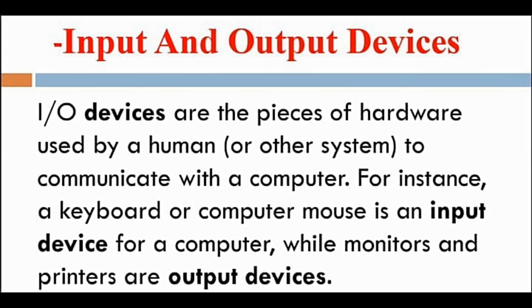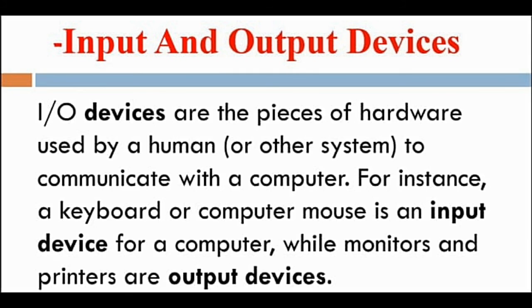The next topic is input output devices, which is on page number 32. The input output devices are pronounced as I-O. I means EYE, because input and output devices work as the eyes and ears of the computer.